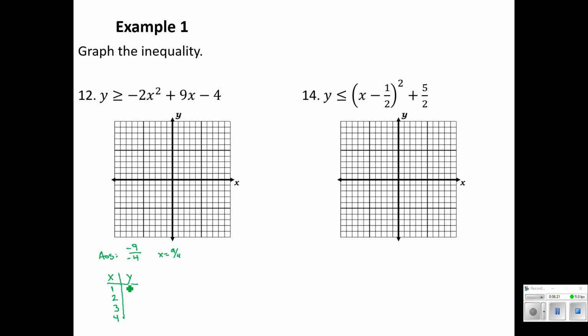If I plug in a 1, I get negative 2 plus 9 minus 4. That's positive 7 minus 4, positive 3. So my point is 1, 3. If I plug in 2, I get negative 8 plus 18 minus 4. That is a positive 10 minus 4. That's a 6.